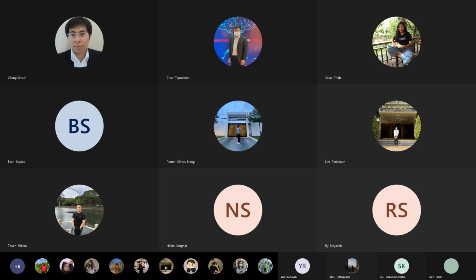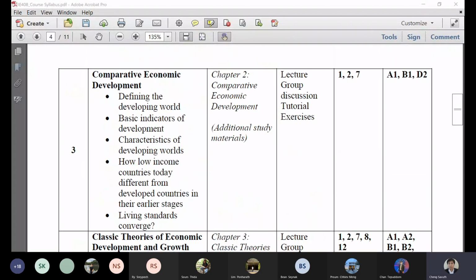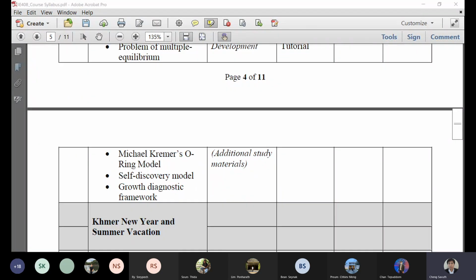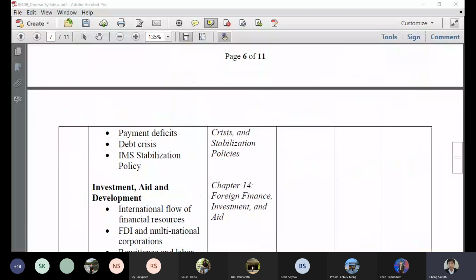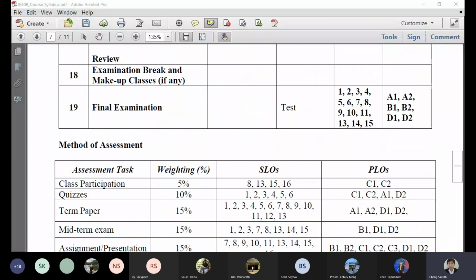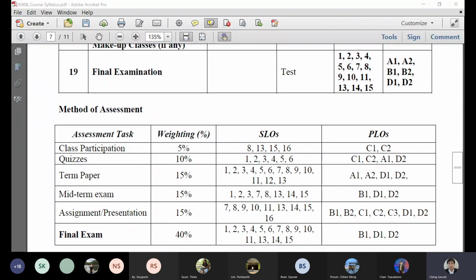Okay, so about the requirements, the assessment, I think it's not so different from what you had in the previous semester. So we have the quiz, okay, which is about 10%, and we have reflection papers, okay, a very short writing. In the last semester, I found many of you actually did not submit.